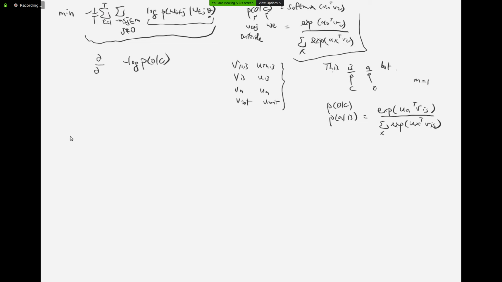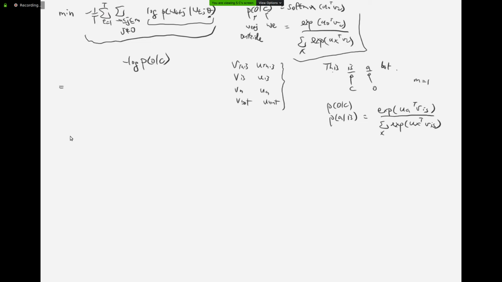Apparently, this P(O given C) depends on u_O and v_C, right? So let's take the partial derivative of minus log P(O given C) with respect to v_C. First, even before that, let me simplify this expression a bit.